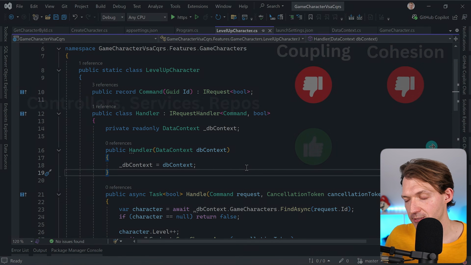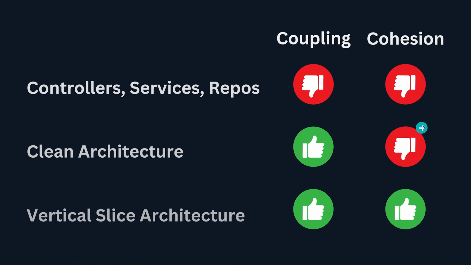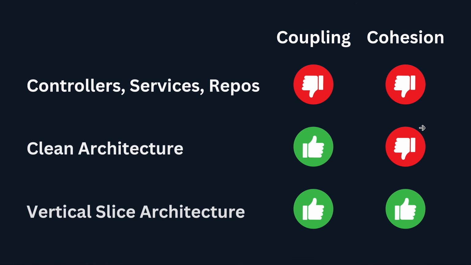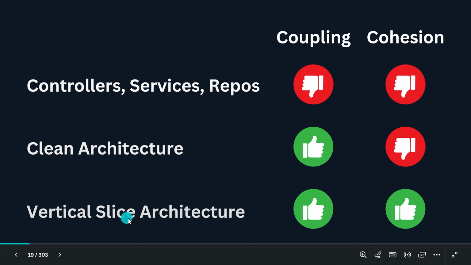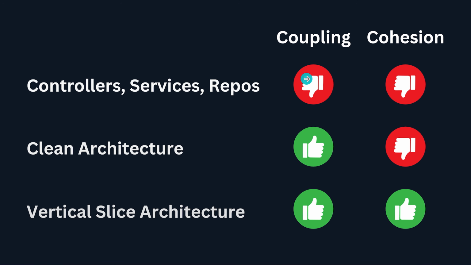What's the result? This is the result so far in this video. Again, if you have other opinions about that, other experiences, please tell me that in the comments. Vertical slice is pretty new to me, so I will definitely explore it more. But for now, as you can see, the traditional approach with controller, service, repos for smaller projects, this is totally fine, but still, coupling is tight, cohesion very low.